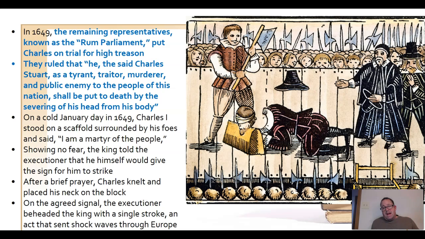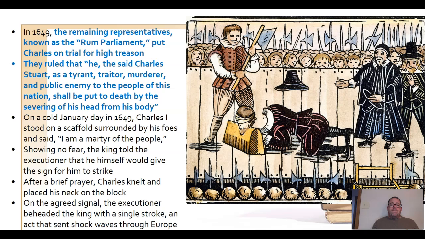But then after that, when the monarchy is restored, we'll have Charles II and James II. So the order is James, Charles, followed by Charles, James. And in the middle, that's where Oliver Cromwell goes. Okay, so James, Charles, Charles, James, divided by Oliver Cromwell.